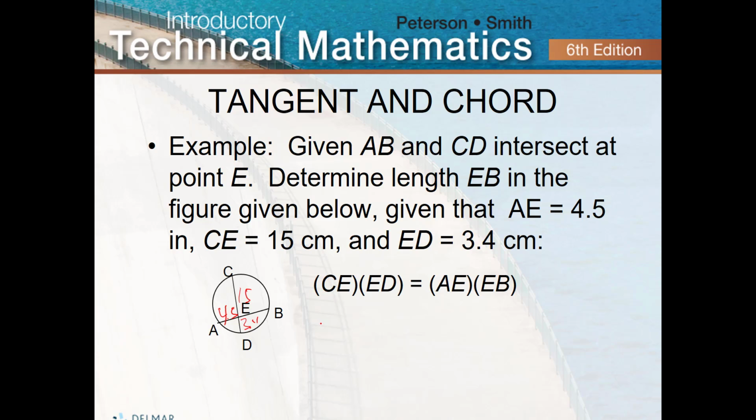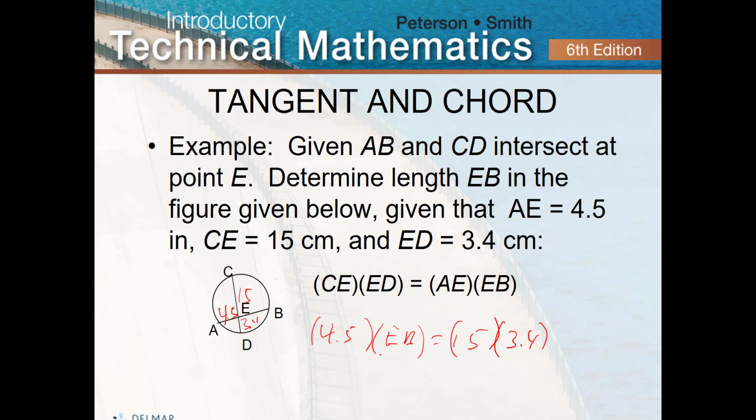And since we're looking for EB, it's going to be 4.5 times EB equal to 15 times 3.4.